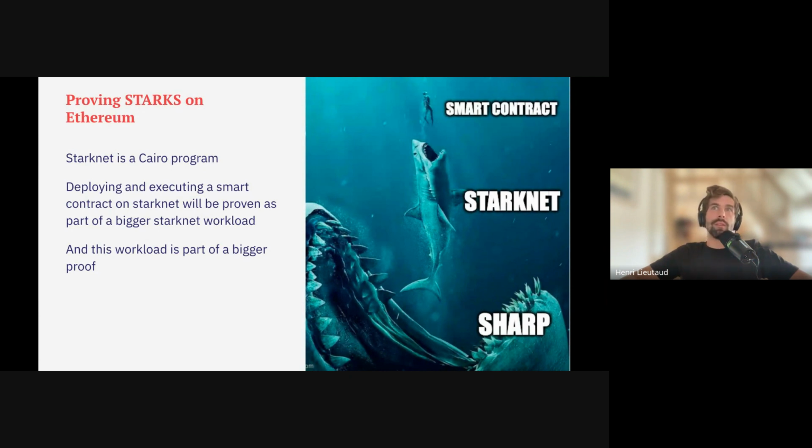And that logic executes subroutines, which are your smart contracts, which are also written in Cairo. So your smart contract is written in Cairo, Starknet is written in Cairo, and Sharp is the proving backend used by Starknet that aggregates proofs and processes them.